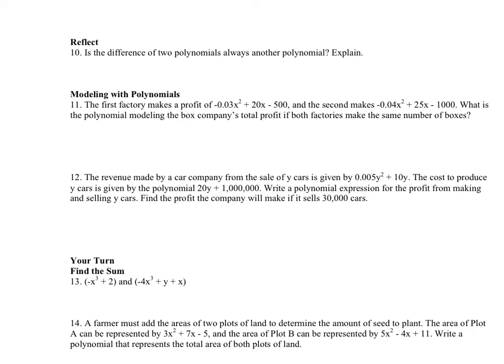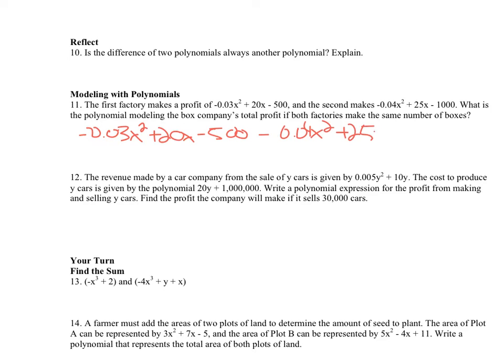So what we would do is we'd just write these down. Since we want the total, we're going to add those two companies, how much they make together. So I get plus a negative 0.04x squared, which I will change the positive and negative, just make it a negative.